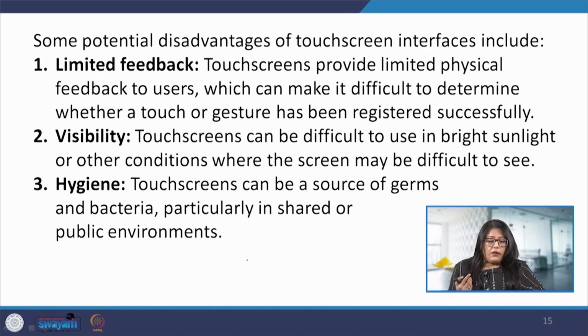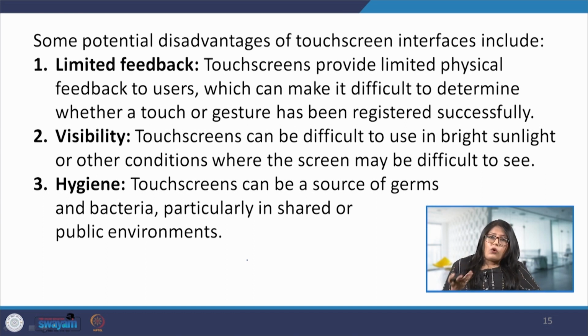So, limited feedback. So, touch screens provide limited feedback. So, sometimes the user is not able to ensure whether the input has been given or not, and sometimes they may keep on tapping on the screen, and that may lead to them logging out of the system, especially if we are interacting with an online banking platform or making a payment.